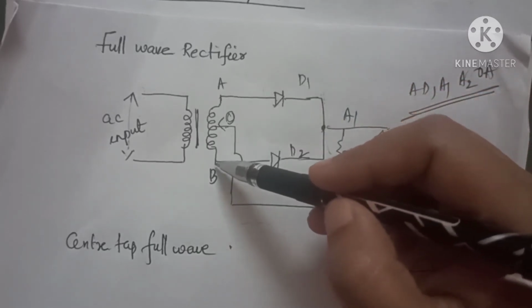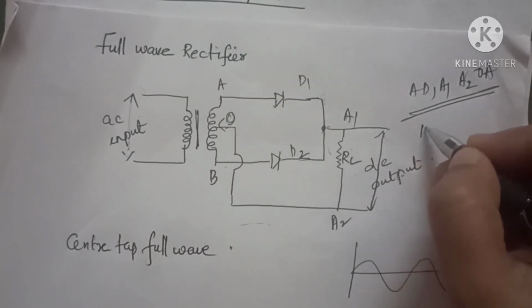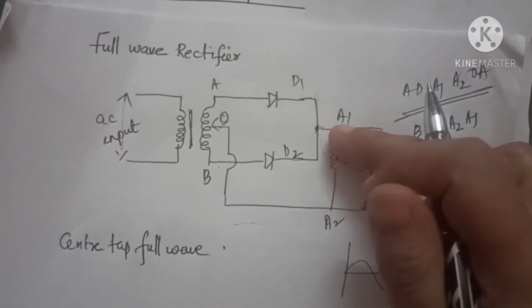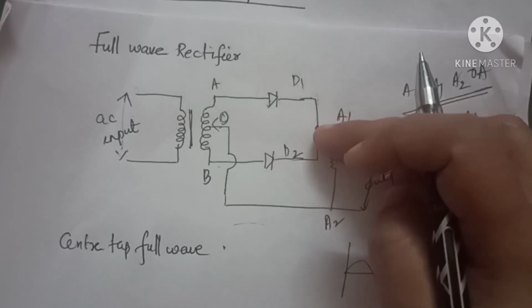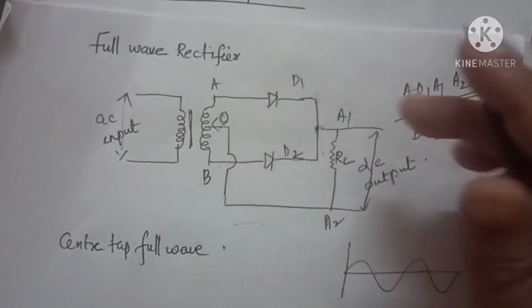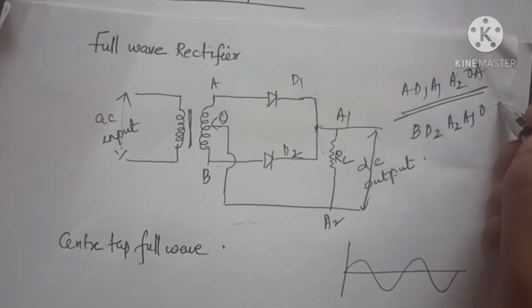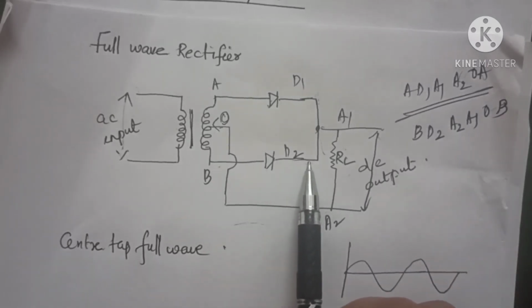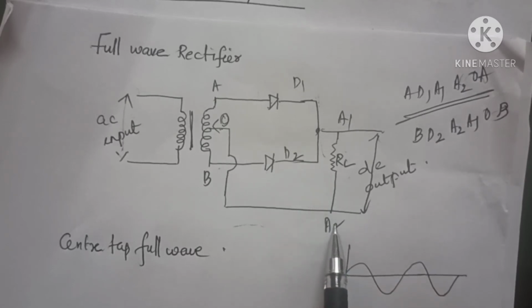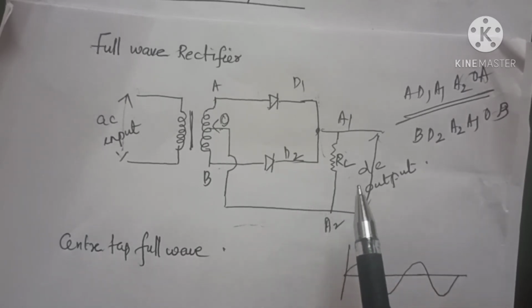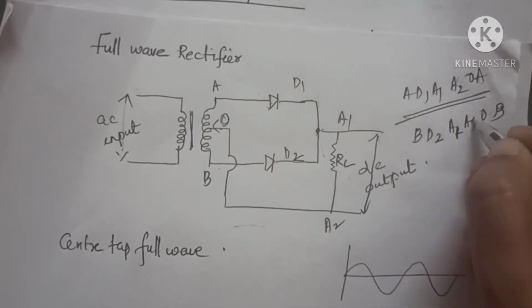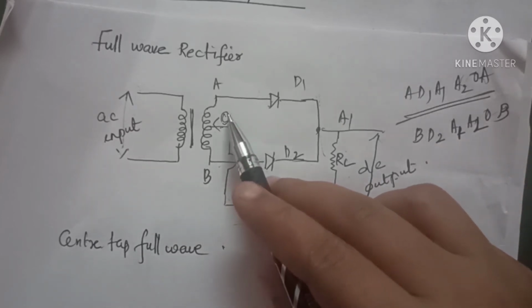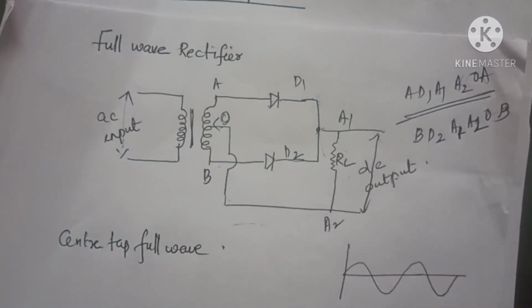That is how it will conduct: B, D2, then A1, A2, then O and B. Understood?